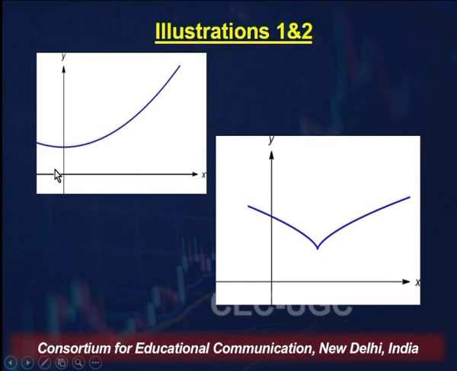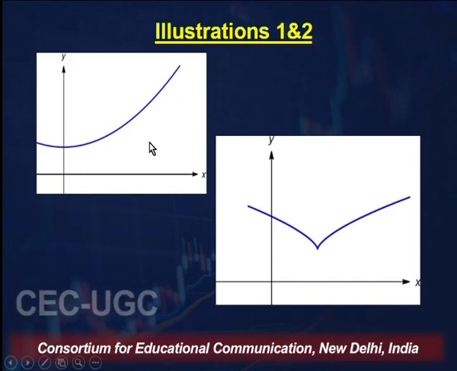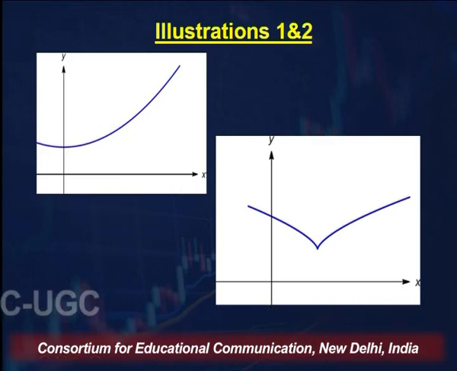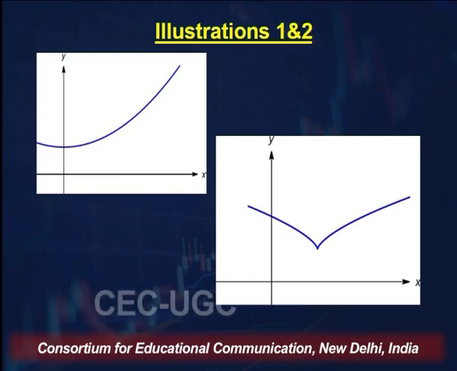These two graphs are examples of continuous functions, where you can draw the curve without lifting your pen or pencil off the paper, which is to say that there are no breaks, no jumps, and no holes in the graph.